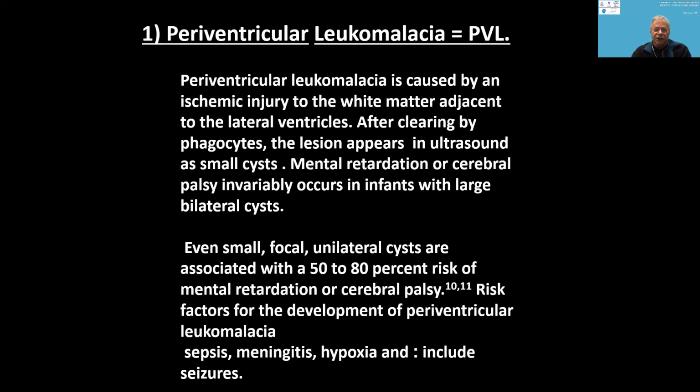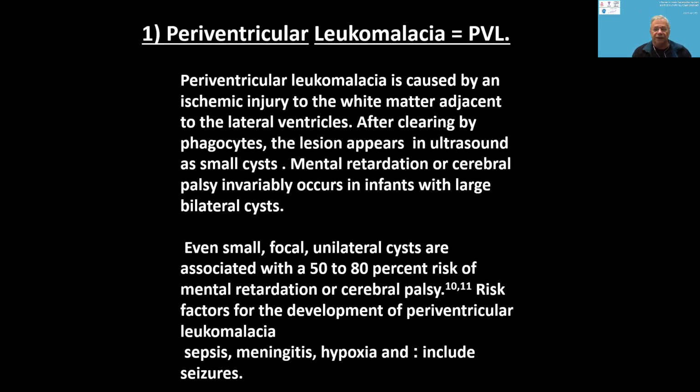Periventricular leukomalacia, or PVL, is the first group of cysts I want to speak about. It is caused by an ischemic injury to the white matter adjacent to the lateral ventricles. After cleaning by phagocytes, the lesions appear in the ultrasound as small cysts.